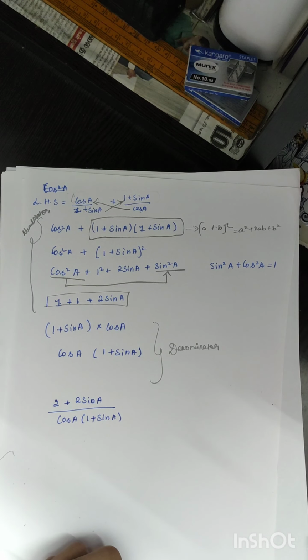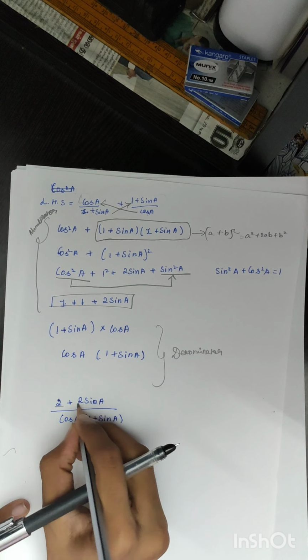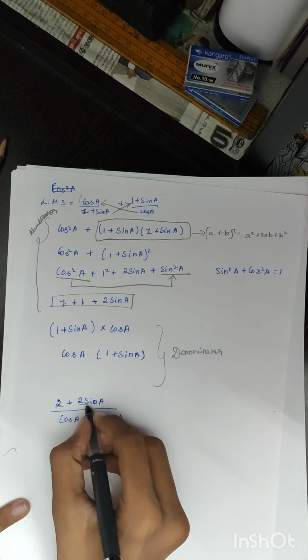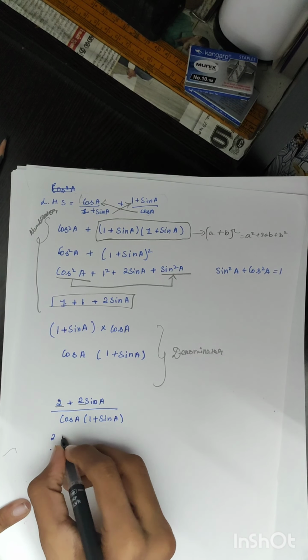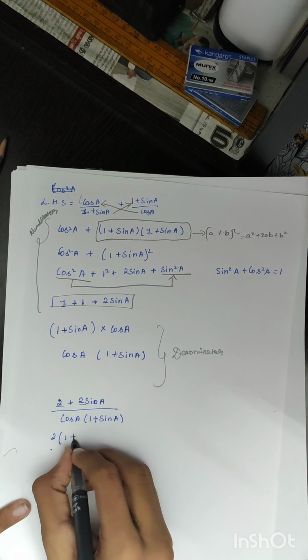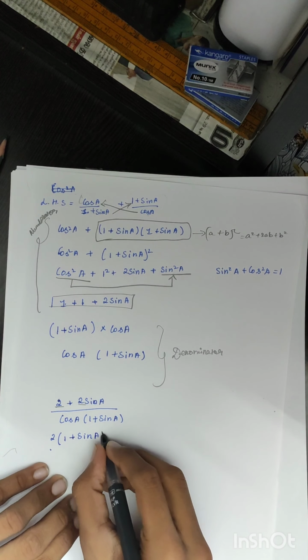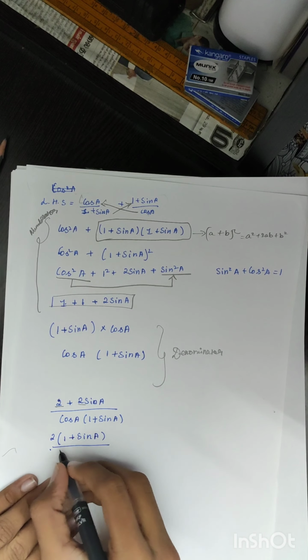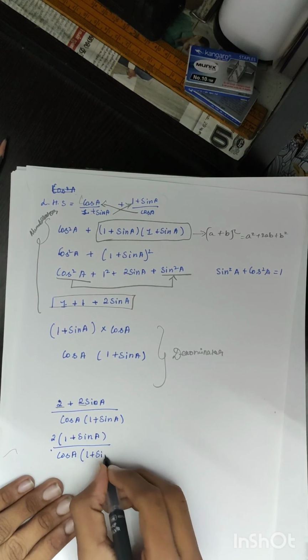Here you can see that 2 is common, so I can take 2 as common, which gives 2 into 1 plus sin A divided by cos A into 1 plus sin A.